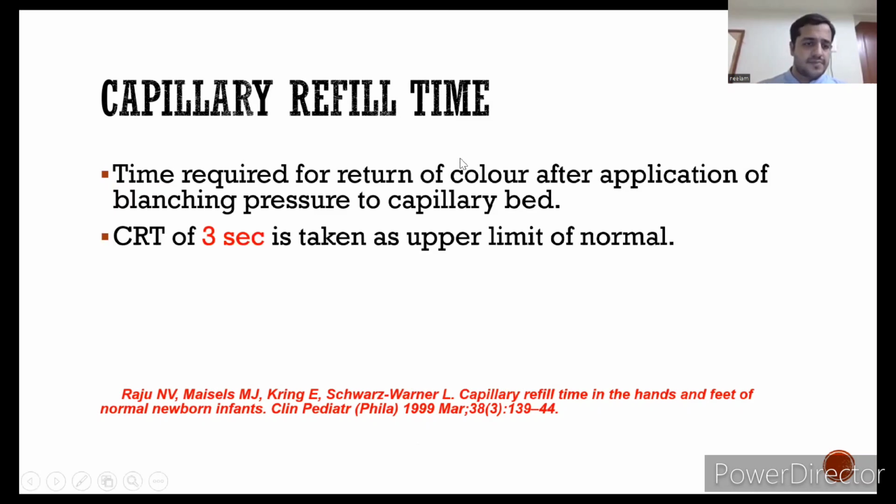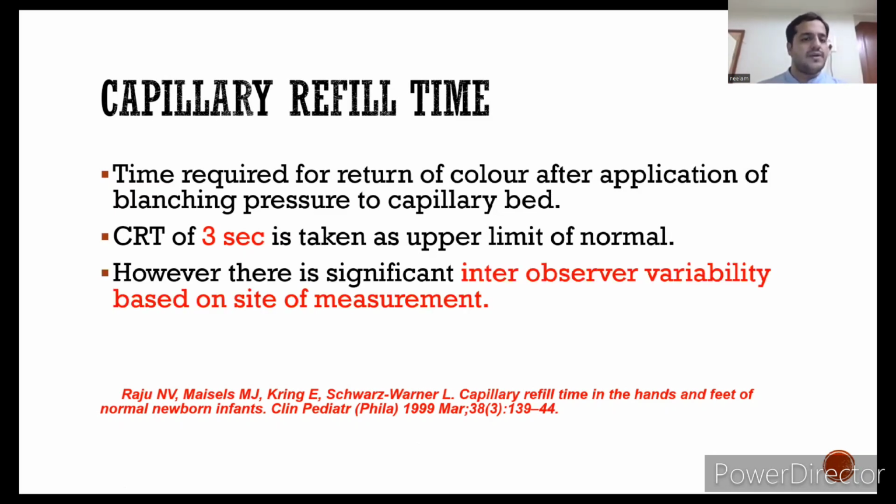A CRT of 3 seconds is something which we take as the upper limit of normal. But there is significant inter-observer variability. For example, the first year resident may say CRT is 2 seconds. When the third year resident sees it, he will say CRT is 3 seconds.